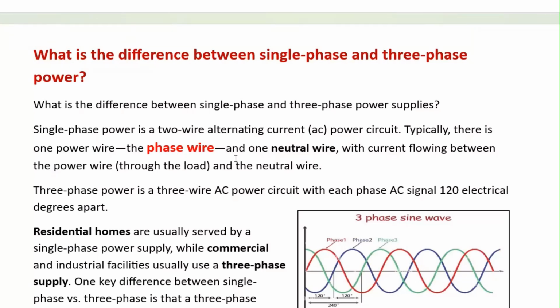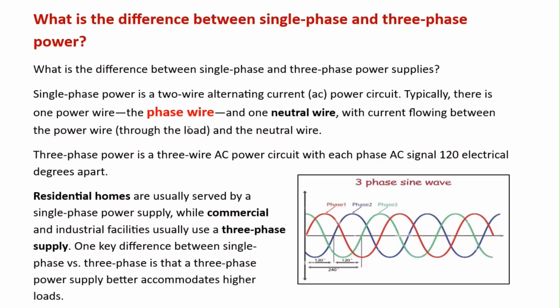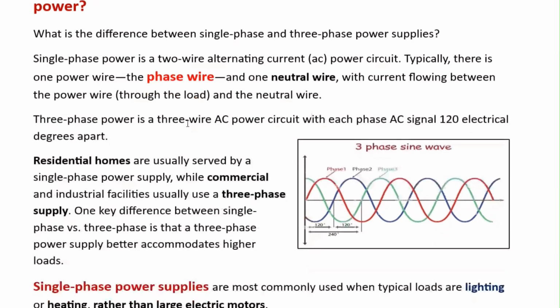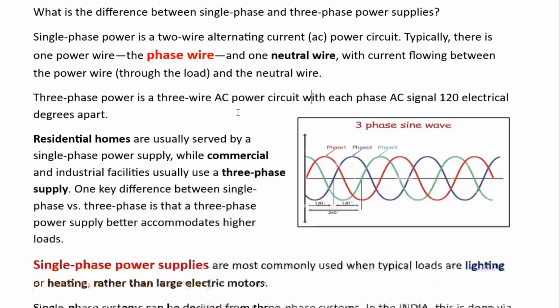One is called the phase wire, and the other is called the neutral wire. When you connect this phase wire and neutral wire to a load, a current starts flowing, and the neutral wire is sometimes also called the return wire, because the current is supplied by the phase wire and returns through the neutral wire.